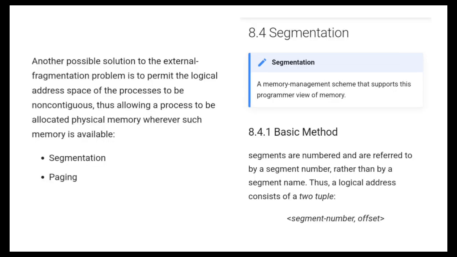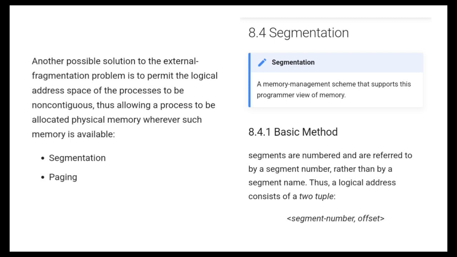And now we are going to proceed to segmentation. Under this is the basic method. Most users or programmers do not think of their programs as existing in one continuous linear address space.